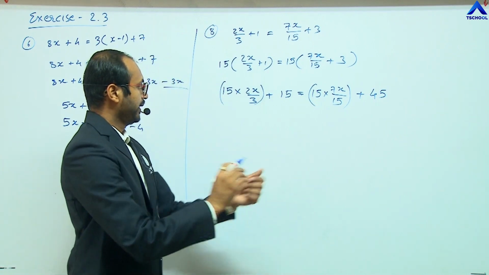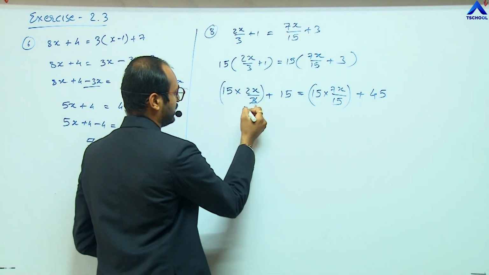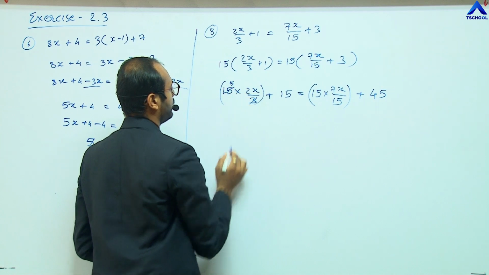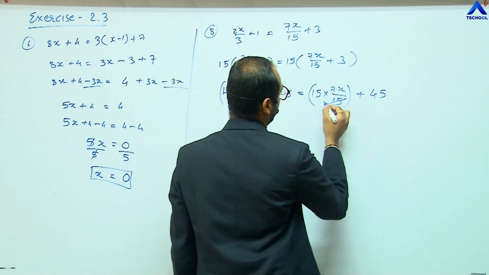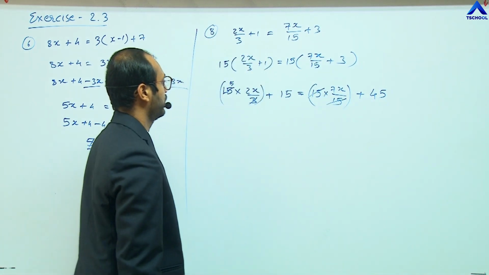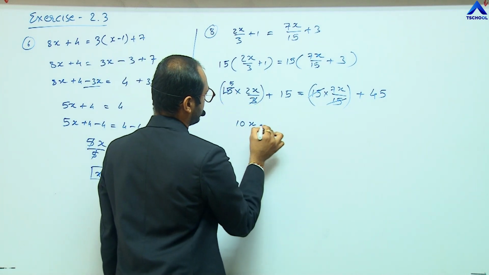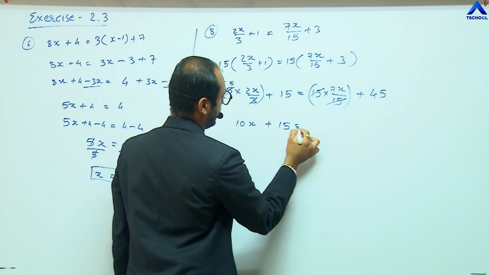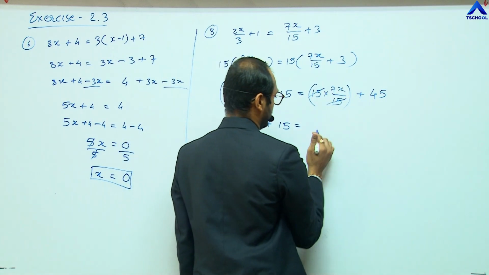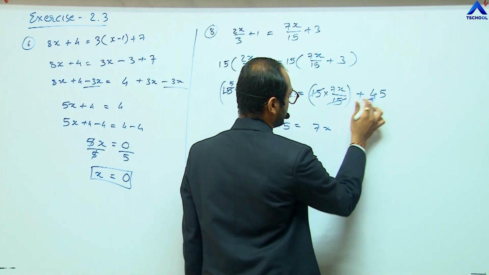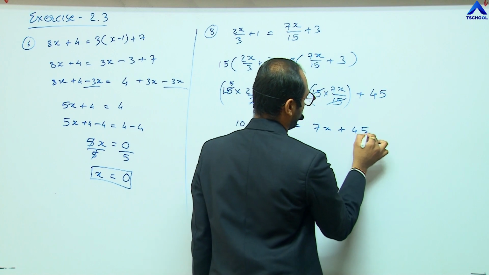Now simplify this, 3 5s are 15, and here is 15, 15 cancelled out. What is 5 into 2x, 10x plus 15 equals to, here remaining 7x plus 45.